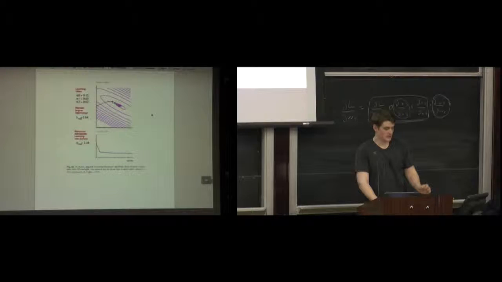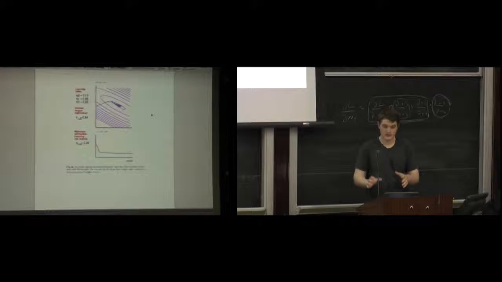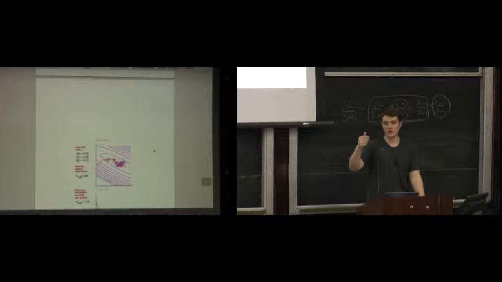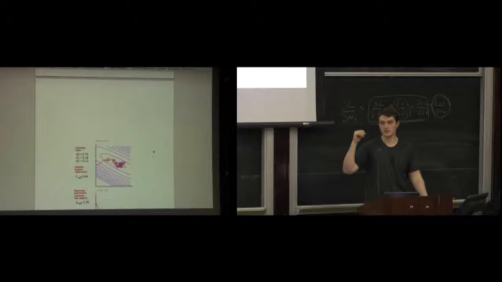So if your learning rate is too big for a particular weight, you're going to go over the bounds. You're going to bring your weight vector into a configuration where it is actually worse than where you currently are.